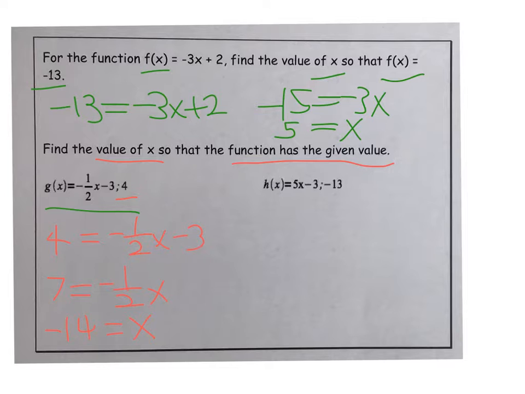So when x is equal to negative 14, the value of the function is going to be 4. And I can always substitute it back in there and see if that works. Negative 1/2 times negative 14 is positive 7. 7 minus 3 is equal to 4, so that works.